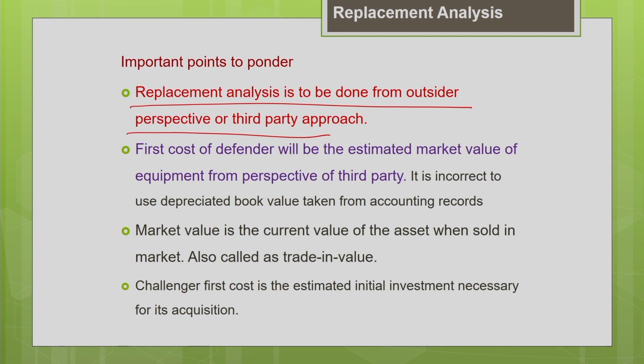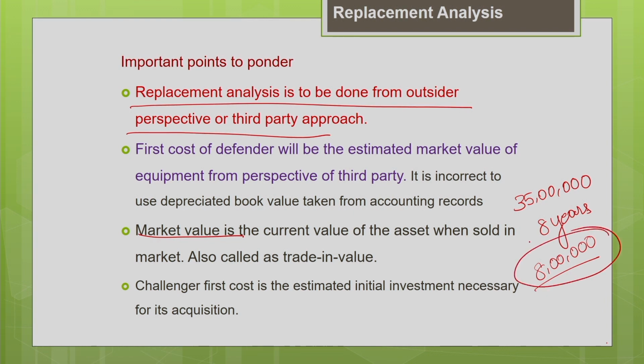For example, if you purchased an equipment for 35 lakh 8 years before, and the current market value of the machine is, say, 8 lakh, what is important to the third party is only the current value of 8 lakh. He is not bothered about the price at which you purchased this machine 8 years before. So this 35 lakh is not relevant to the third party.